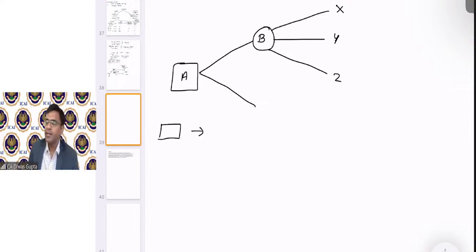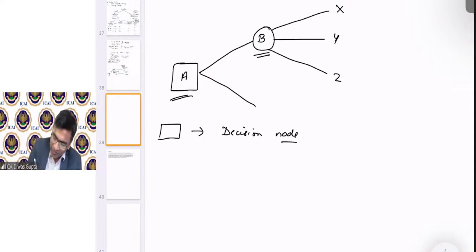This represents that this is a decision node. I think node, all of you, what is node? Node is, let's say, a break in the decision. Like after every line, this is also a node. This is also a node, right? So where every line breaks or converts into different possible option, that is called as node. But wherever we put square, this is called as a decision node. That means some kind of decision making is involved, whether we want to do or whether we don't want to do.